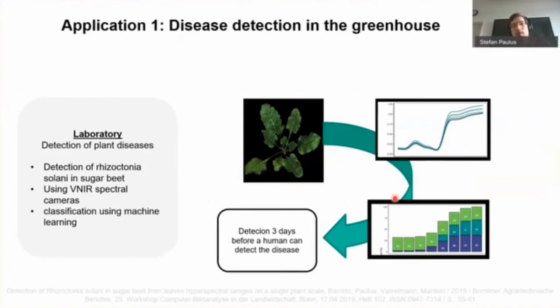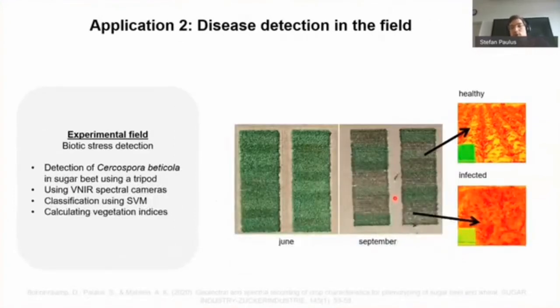The second application is the transport of this to the field. And here we used sugar beet and an inoculation with Cercospora beticola. And we used a Vimeo camera, the same as before, but on a tripod. And we tried to use vegetation indices.